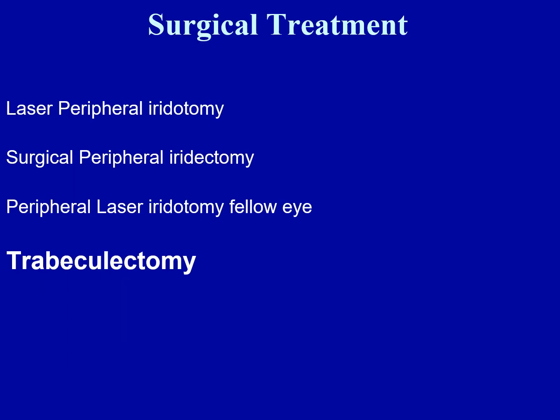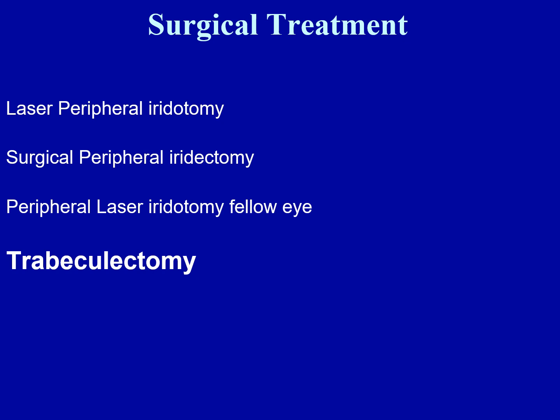For surgical treatment, once the patient is stable, you have lowered the intraocular pressure with the help of medical treatment, and the patient is comfortable, then you plan for laser peripheral iridotomy or surgical peripheral iridotomy, depending upon the facilities available.